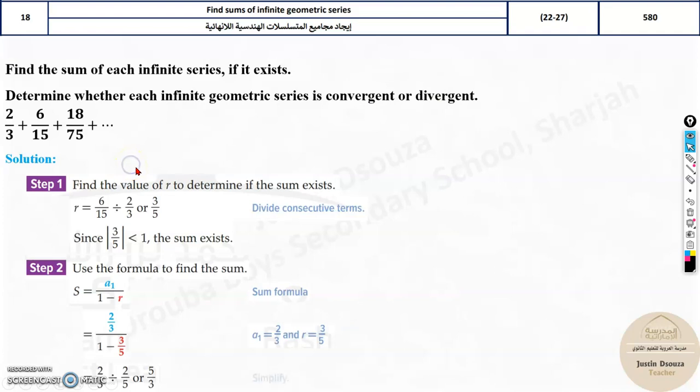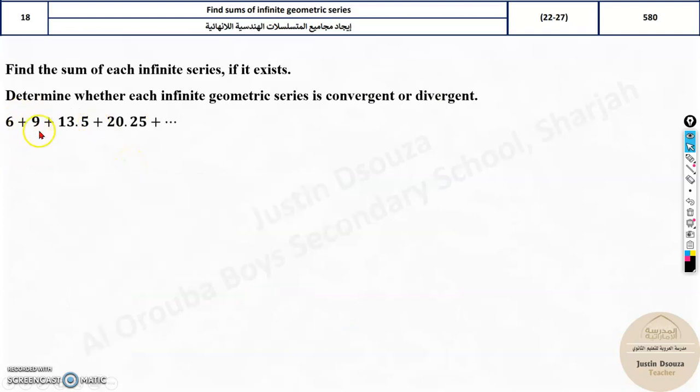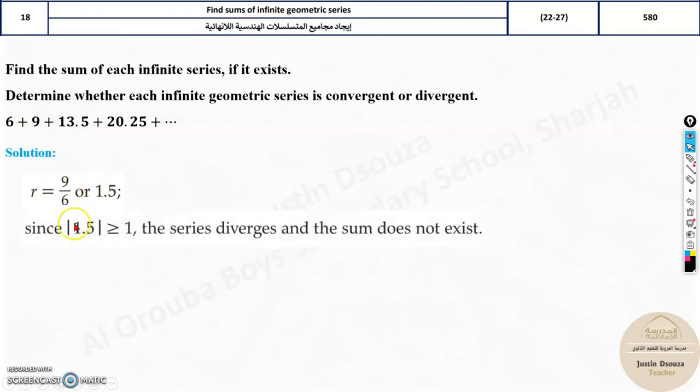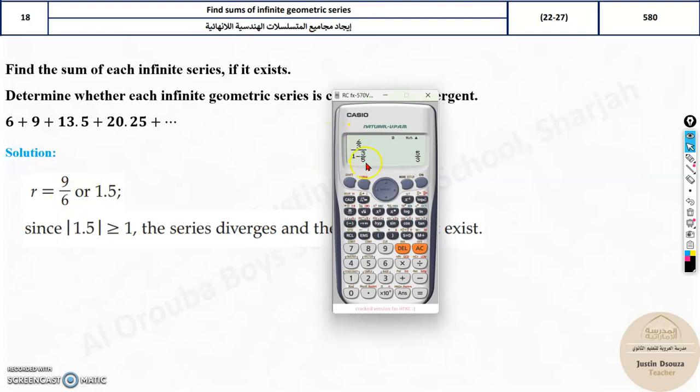Now let's look into one more similar problem. Here, 6, 9, 13.5. Just looking at this, you can tell there is no answer for this, right? Why? Because the r value is 1.5, it's greater than 1.